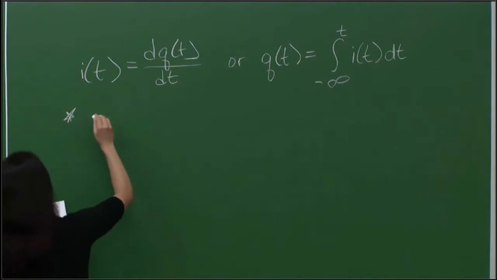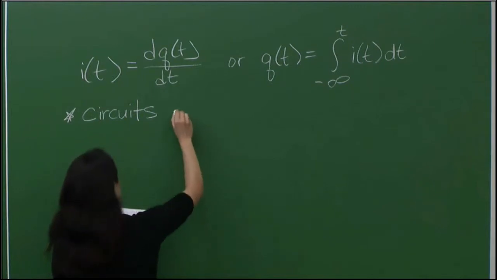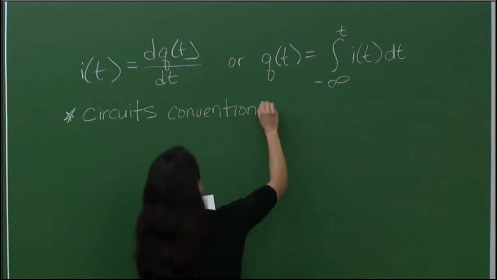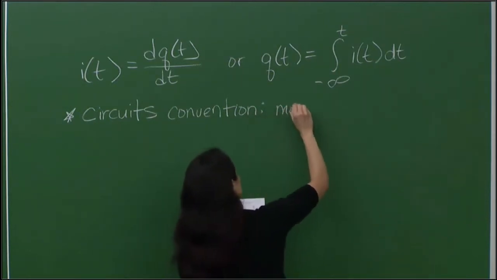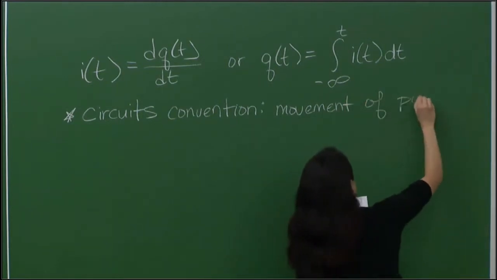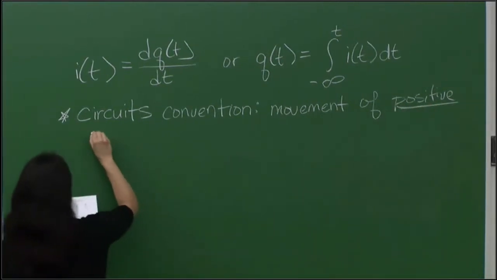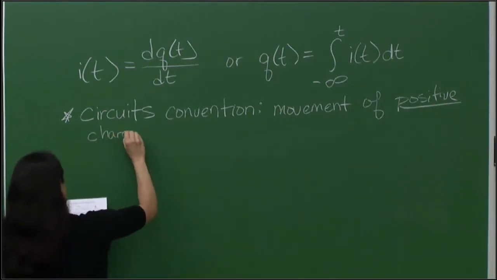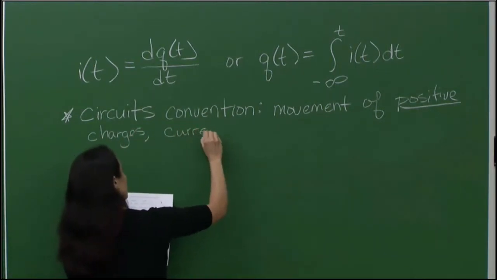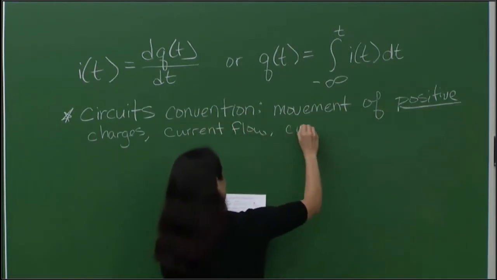So we have current, and this is the part that bothers some people, but you just have to go with it. The circuits convention, when we talk about things flowing, is the movement of positive charges. So our current flow, we're moving coulombs around.